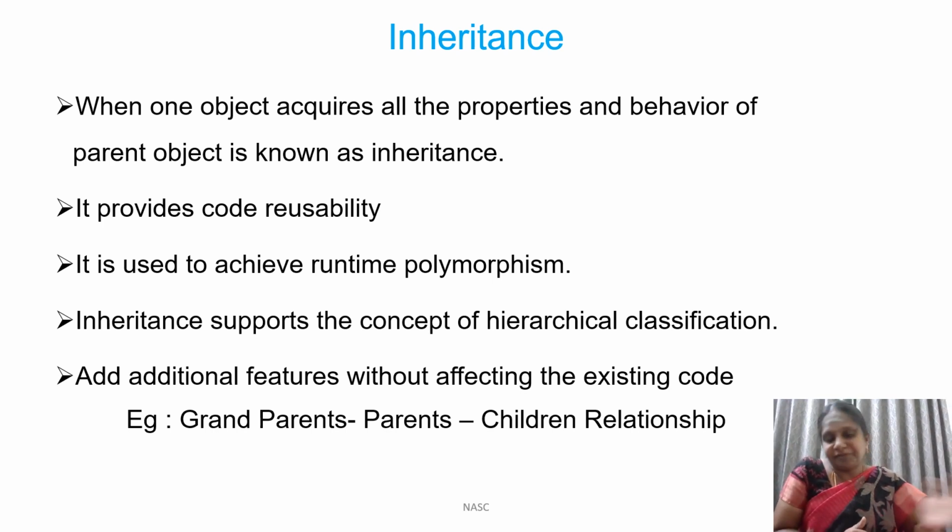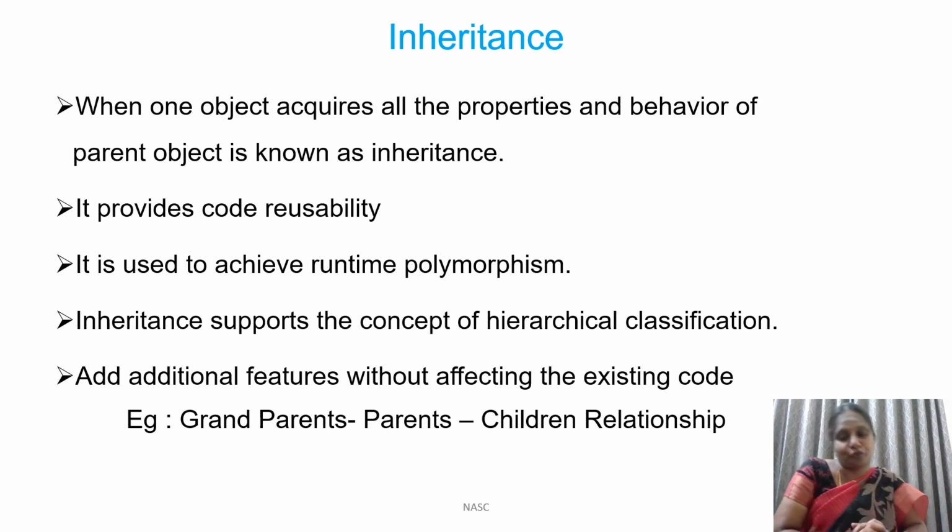In the first slide, we saw that code reusability plays the vital role. Code reusability is implemented with the support of the concept called inheritance. It's nothing but when one object acquires all the properties and behavior of another object. Example is grandparent, parent, and children.